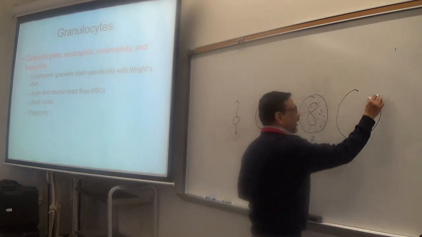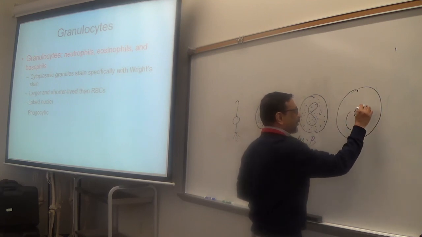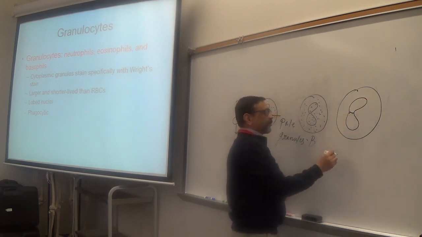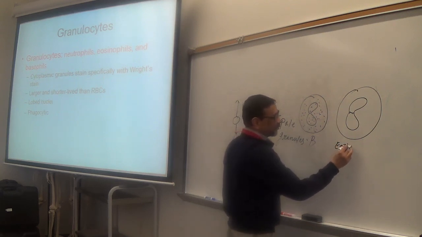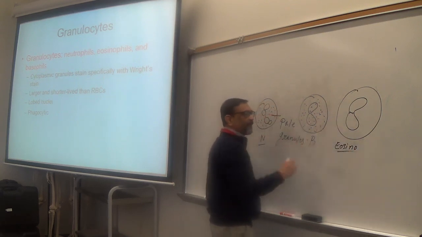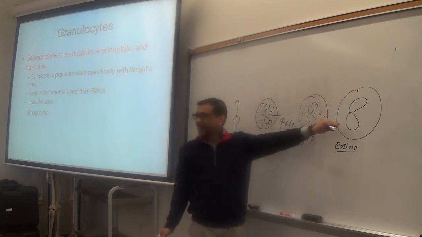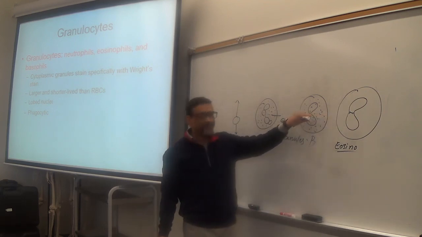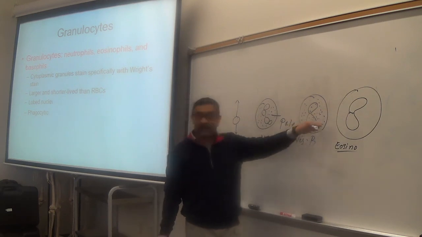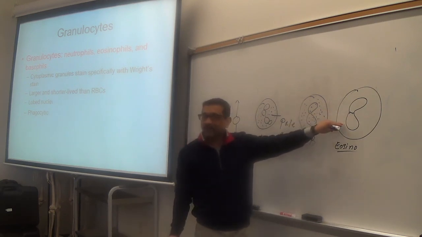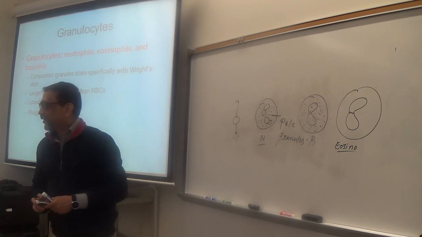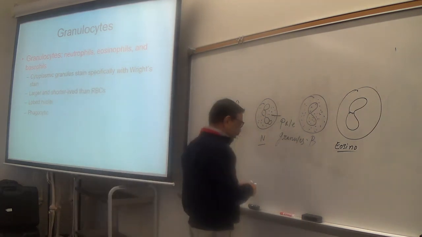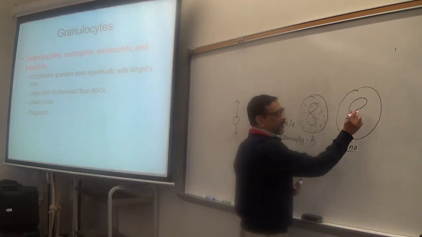Another granulocyte is called what? Anybody? Eosinophil. This is also bilobed, right? So it is difficult because both basophil and eosinophil are bilobed, right? But the granules of eosinophil will take acidic stain, red or orange color.